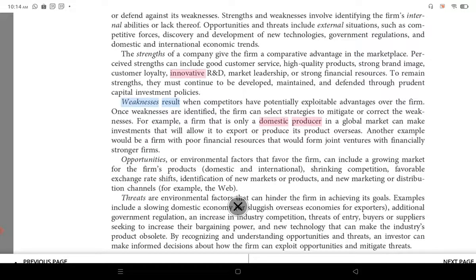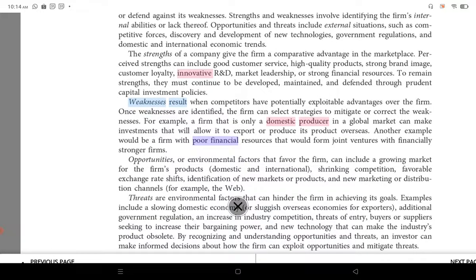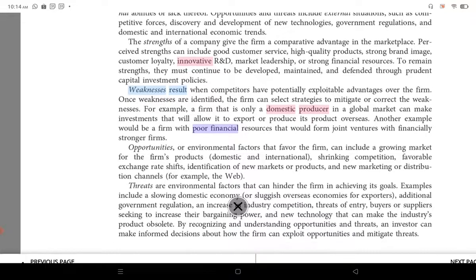So how are they going to penetrate the international market? These are the things they could analyze, what to do. Another example would be a firm with poor financial resources. This I mentioned earlier, maybe an internal problem, it has difficulty getting a fairly stable financial condition, right. So these are among the weaknesses they could check on.